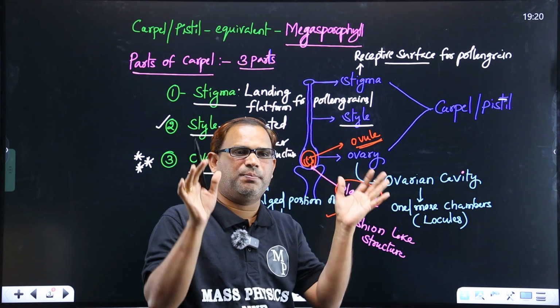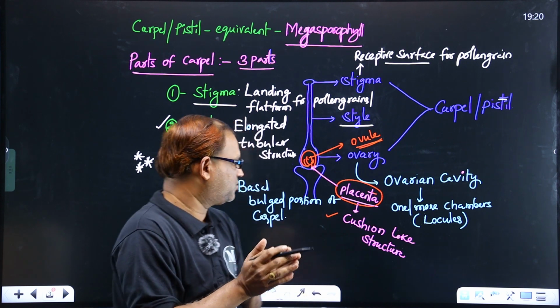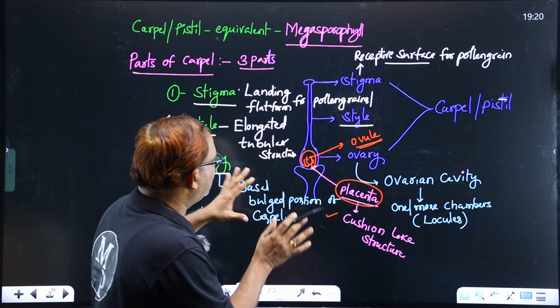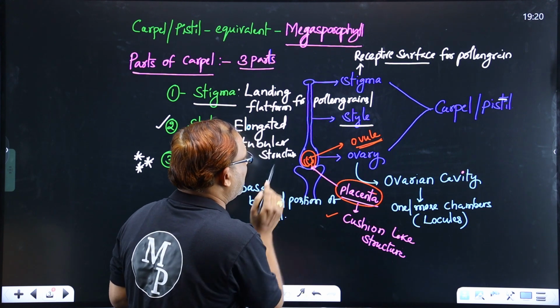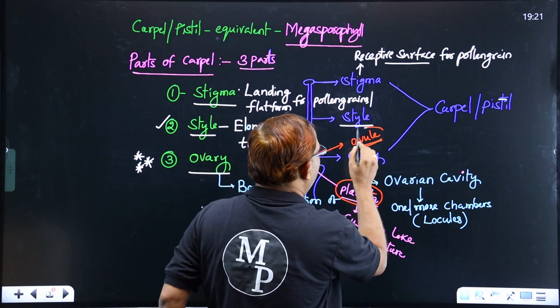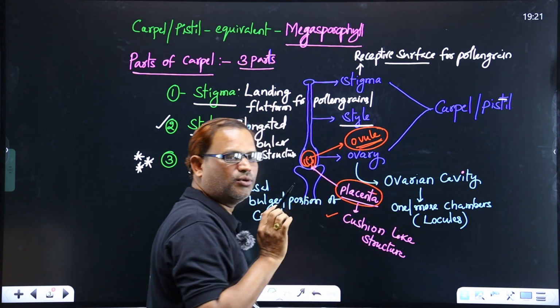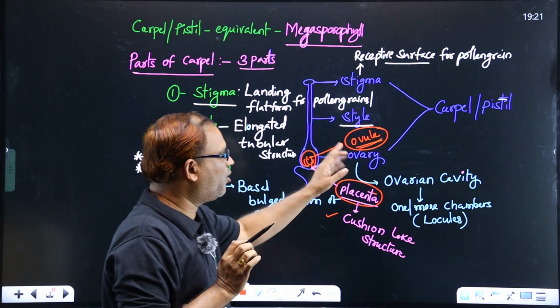So inside the placenta, inside the ovarian cavity, what type of structure is present? Ovule is present.